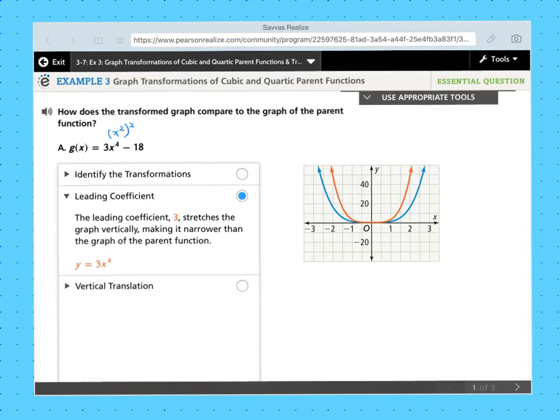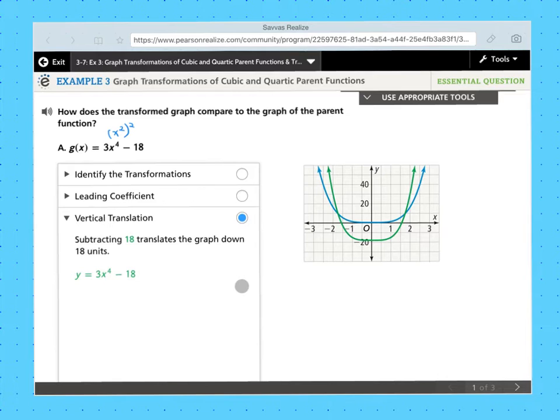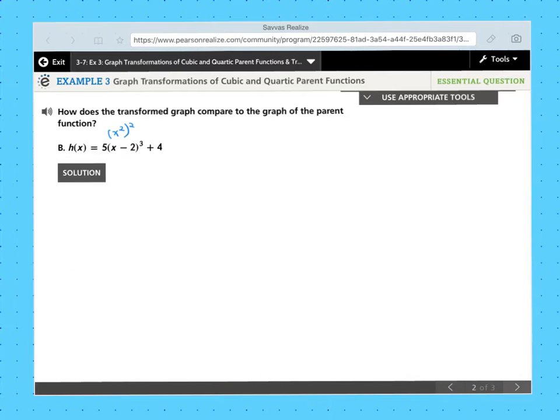What that does to the graph is it makes the y value rise up much faster for the equivalent x values. So in other words, when the coefficient is a positive integer, it hugs the y-axis much tighter. That's how it rises much faster. Then finally, the vertical translation is a negative 18. You move the entire curve down by 18 units. That's how you get to it. Okay, now let's look at another example.